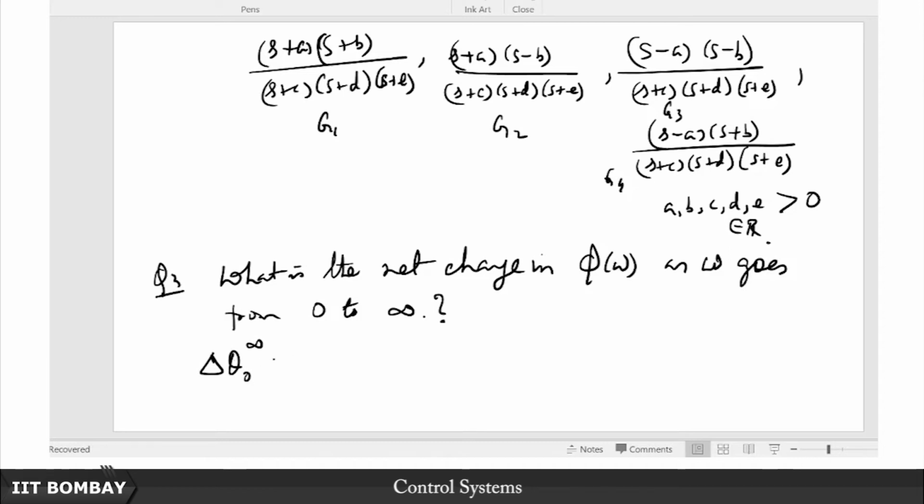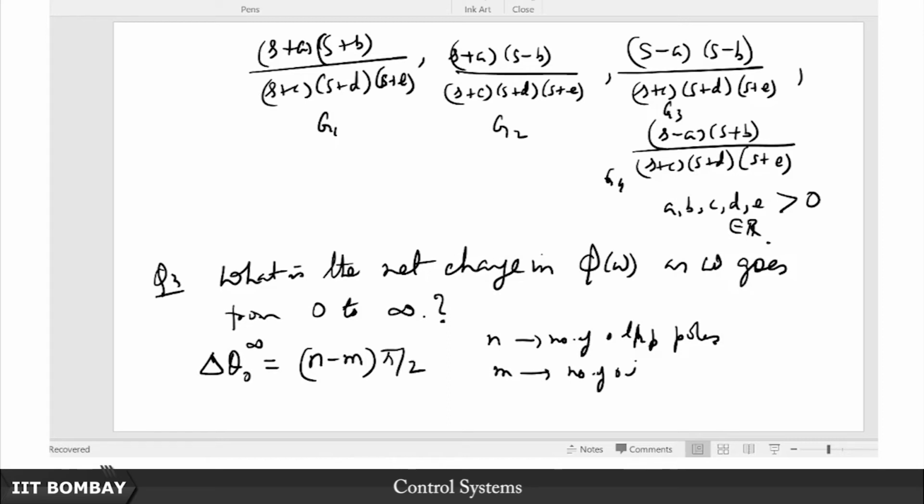And we saw that for a system with its poles and zeros all on the left half plane, this is going to be nothing but (n minus m) pi by 2, where n is the number of open left half plane poles and m is the number of open left half plane zeros. I am actually concerned about the magnitude of this, not really the sign. So this is the quantity of interest, and it is based on this quantity that only one of these 4 transfer functions is called minimum phase and the others are all non-minimum phase.